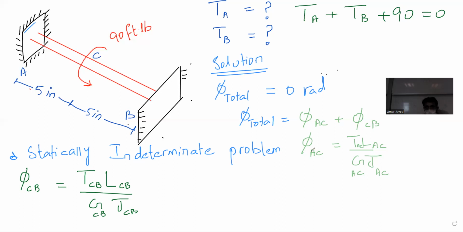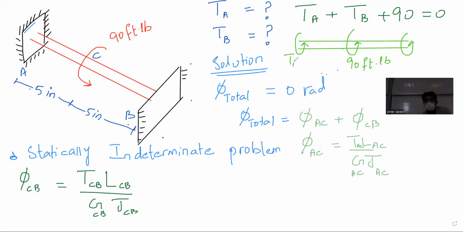Now the additional equation will be given to me by this. So now I will say that let's say this is my free body diagram. There will be another, right? And now I will say that I am assuming both of my reactions have anti-clockwise here, and this is my 90 feet pound.